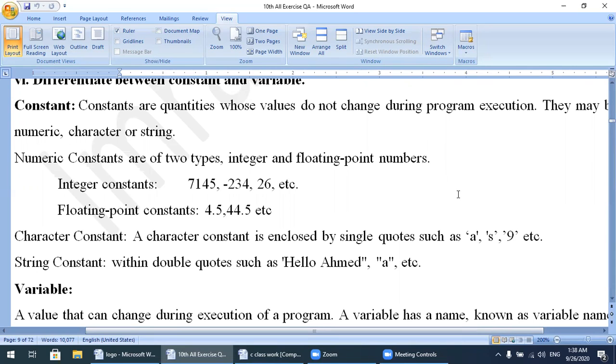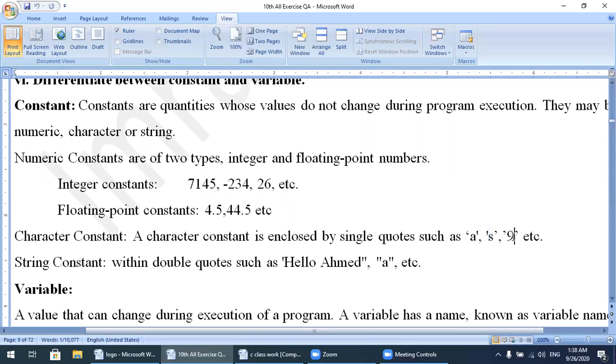Next category is character constant. A character constant is enclosed by single quotes. Watch over here, A is enclosed within single inverted commas, and S is enclosed within single inverted commas.